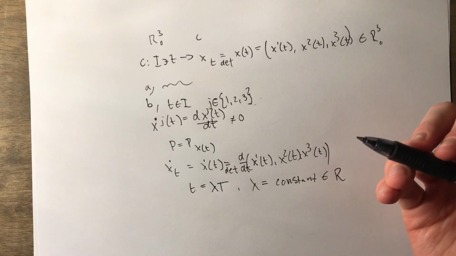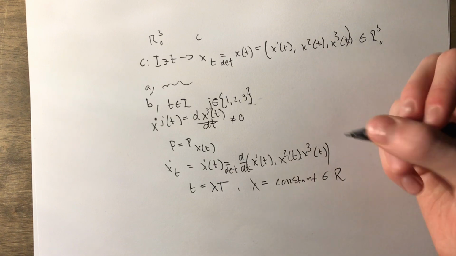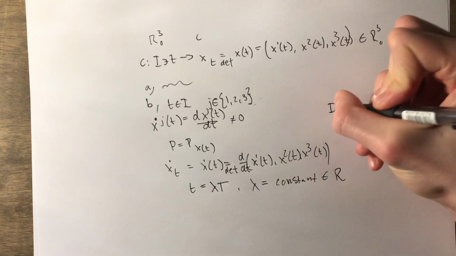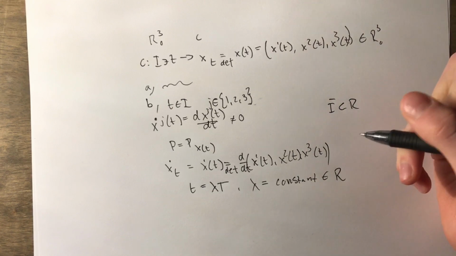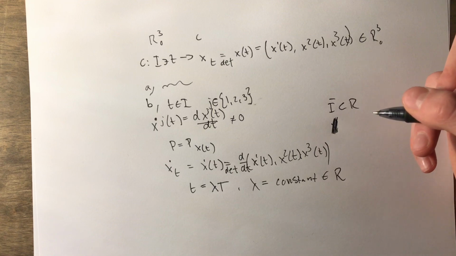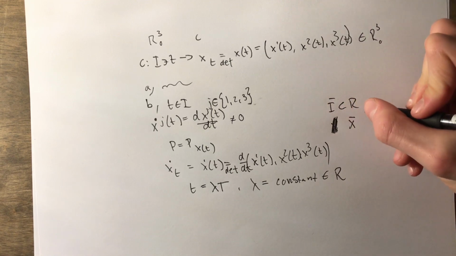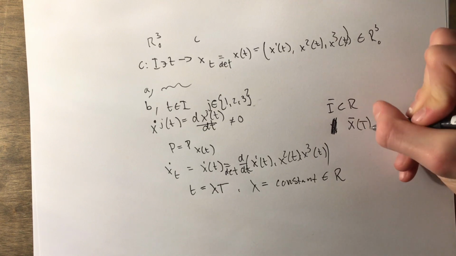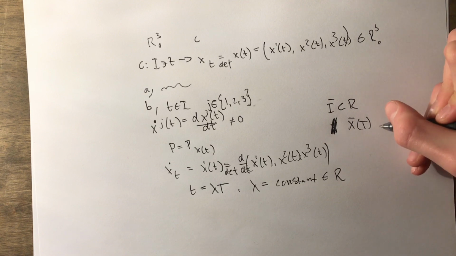And the new parameter capital T runs the interval I bar, a subset of R. And the abstract point P of the curve C is represented by the identical triples x bar of capital T and x of t.